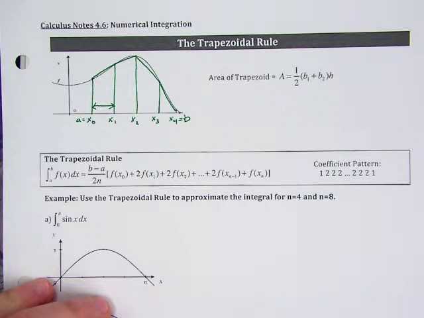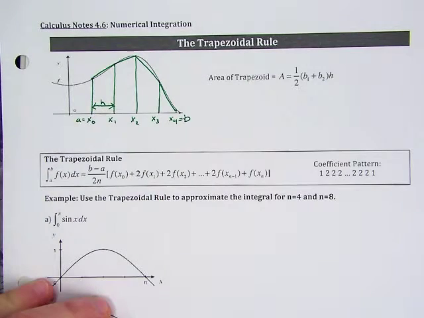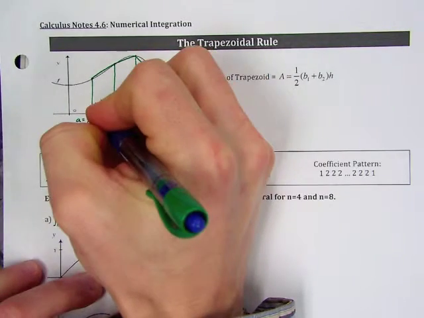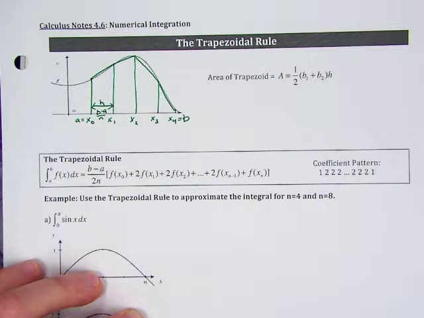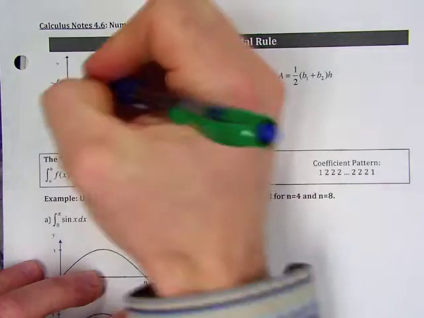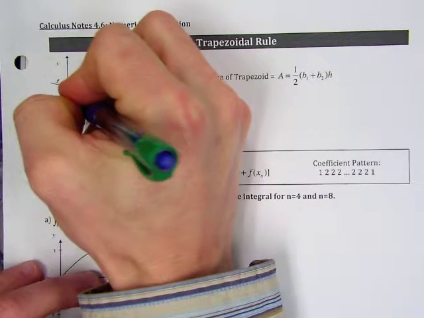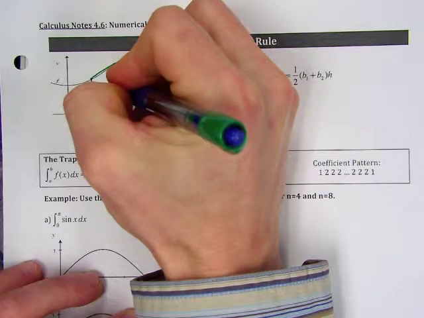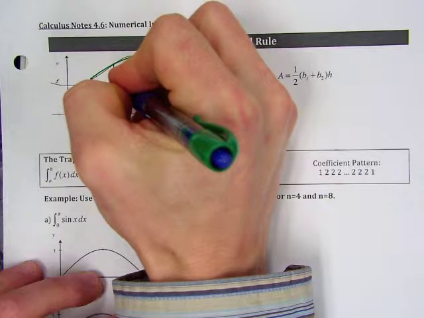So when we look at this, the h is right here, which is going to be (b minus a) over n. It's like your delta x. So that's how we found that before. And then the b sub 1 is really going to be f of x sub 0. It's the height of the function at the points. And then here's f of x sub 1, which is like our b sub 2.